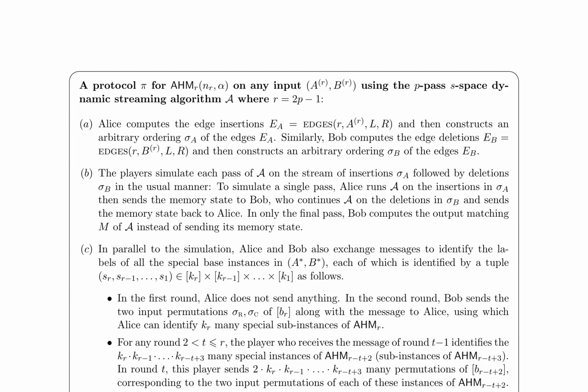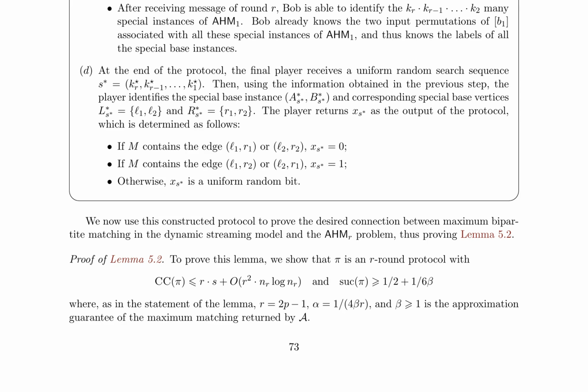The protocol involves Alice and Bob simulating each pass of A on the stream of insertions sigma_A followed by deletions sigma_B, while exchanging messages to identify the labels of special base instances in A_r, B_r. The protocol consists of 4 steps. A. Computing edge insertions and deletions. B. Simulating each pass of A. C. Identifying special base instances. And D. Returning the output of the protocol.